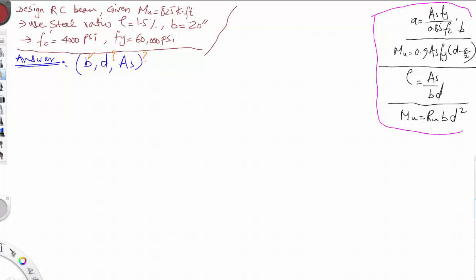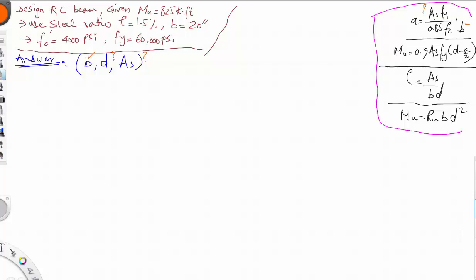If you look at the first equation, like I said, this one always serves this one because this will be used here, a. These equations work together. So if I would like to use this equation to calculate d, the area of steel is not known to me, and b is given.